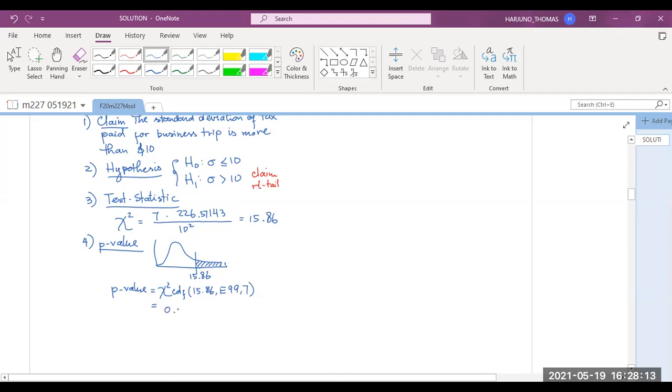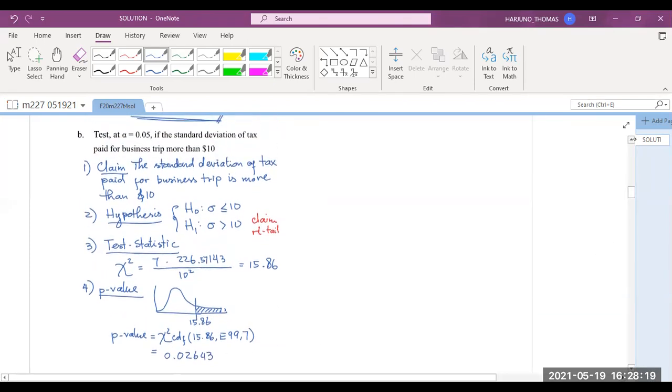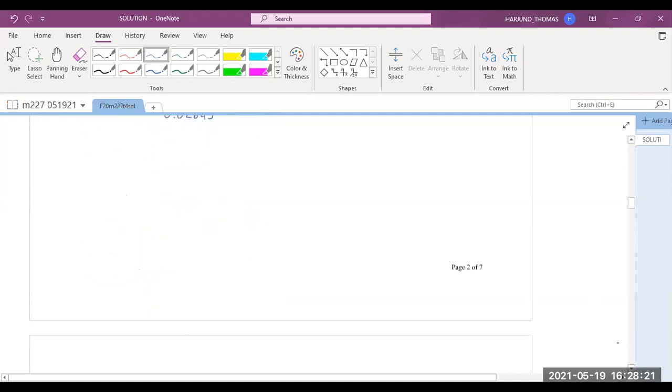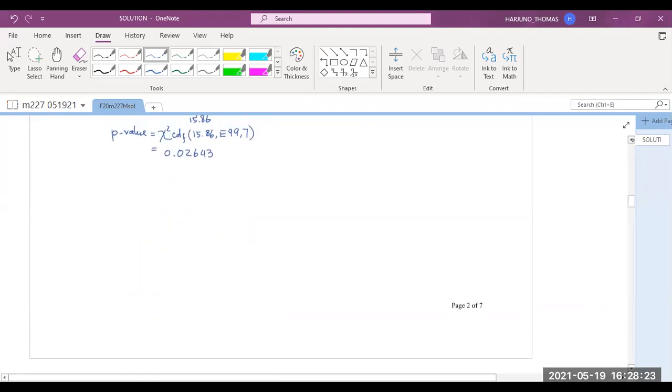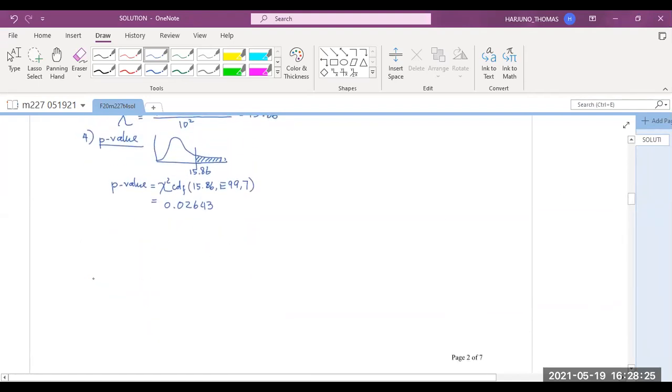Get 0.02643. Oh, what is the alpha? 5%. Oh, this is less than 5%. Therefore, let me do step 5 first.